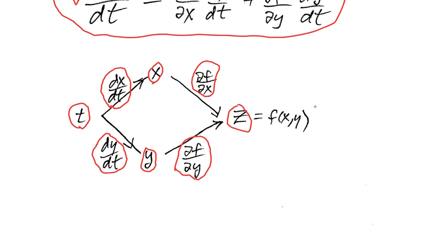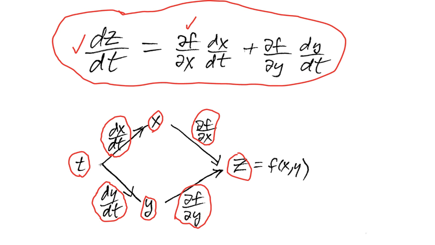Now, how do you get the chain rule? What you do is start from the ultimate independent variable and end at the dependent variable. As you follow the directed arrows to get from t to z, multiply by all the values along those directed arrows and add them up. So we could get from t to z by following these upper directed arrows.